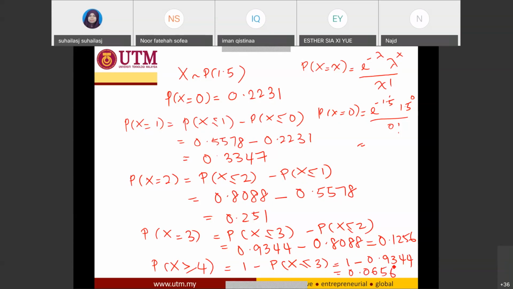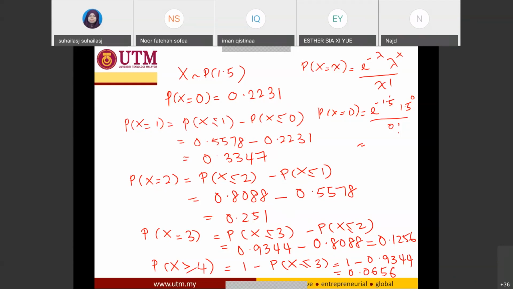You total up. Your total probability must equal 1. If we total up probability x equals 0, 1, 2, 3, and then probability x greater than or equal to 4, the total should equal 1.